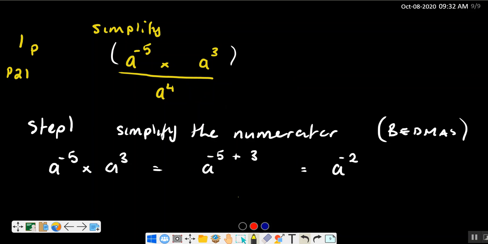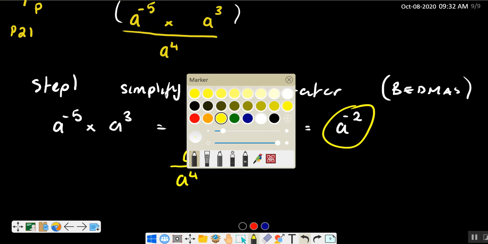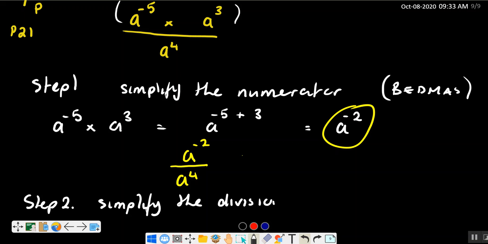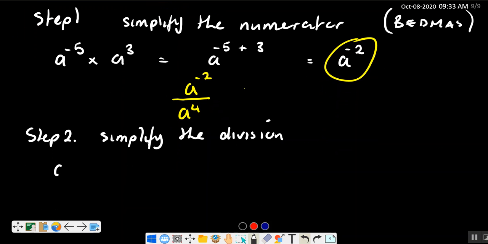Good to start with? Alright. So what we then have, if I put this back into the question, is a to the power of -2 divided by a to the power of 4.